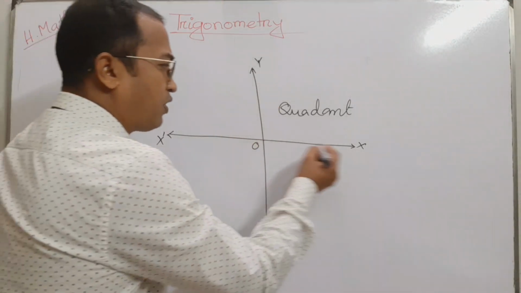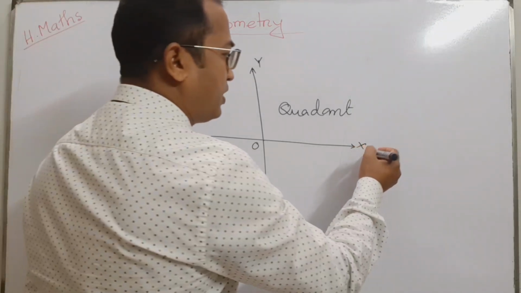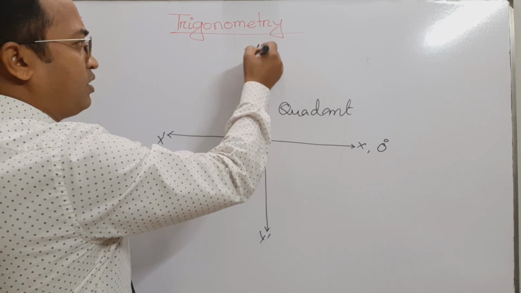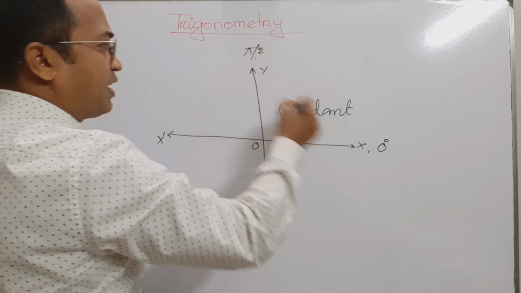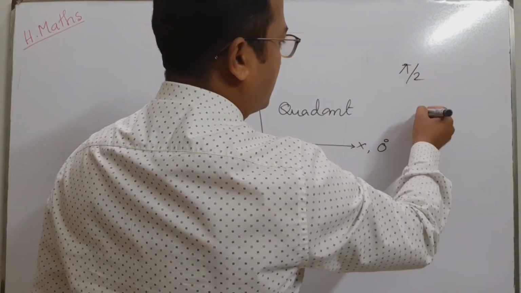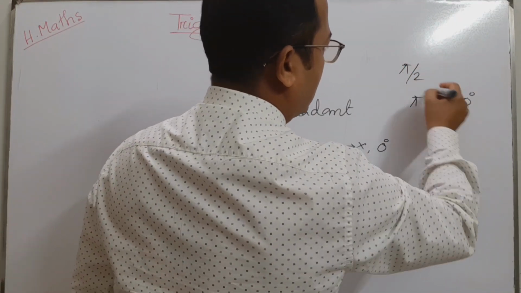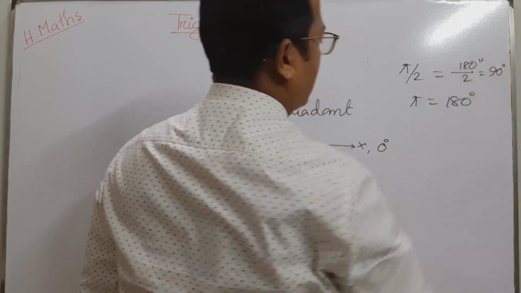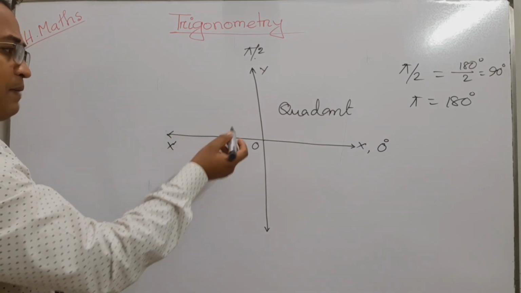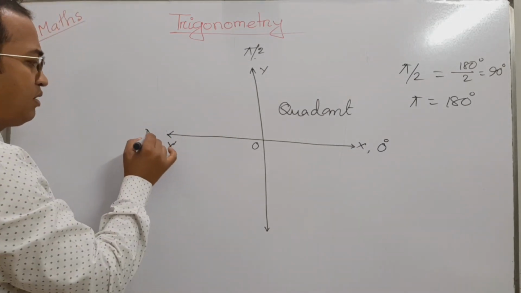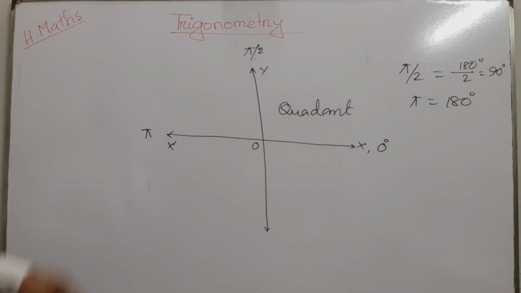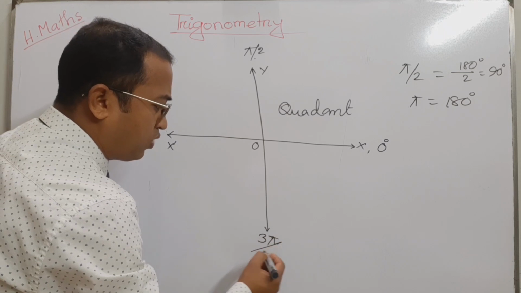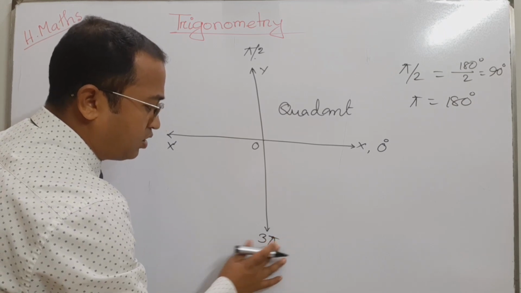Look, if OX is the initial line, then it will be 0 degree. Then after the first quadrant, it will be 90 degrees. 90 degrees we write as pi by 2 because pi is equal to 180 degrees. So pi by 2 will be 90 degrees. After the second quadrant, it will be 180 degrees, that is pi. After the third quadrant, it will be 270 degrees, that is 3 pi by 2.